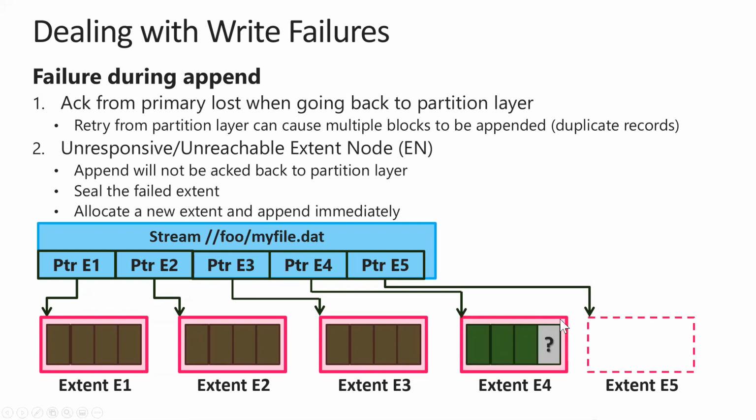So if an extent is unresponsive, the system gets a new extent for you by talking to the stream master. This is to have high availability. That means that if any of your nodes is down, your system is not down; you immediately get a new extent, and you can start storing your data in the new extent, right?